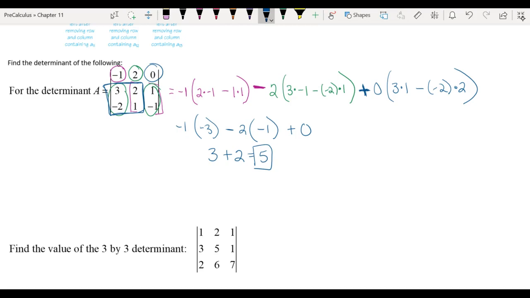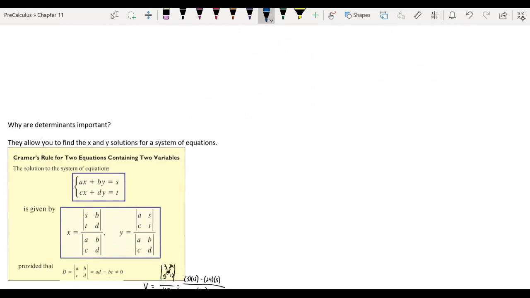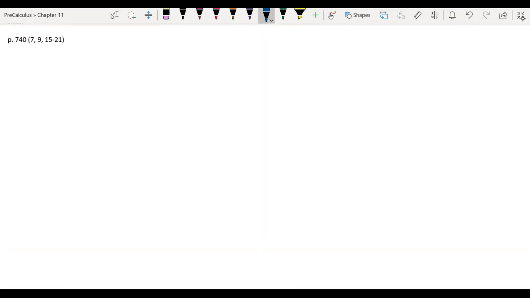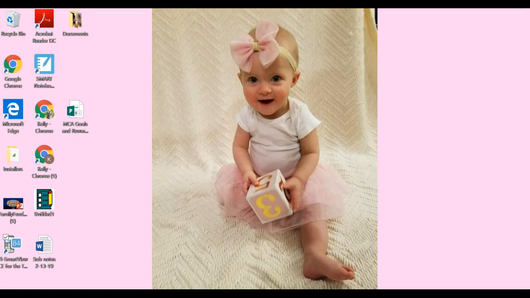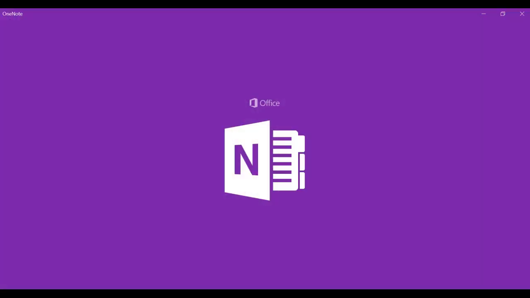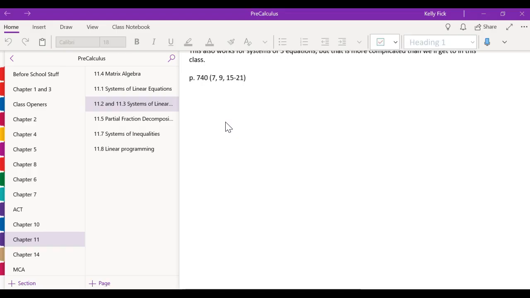Do you want to do the bottom one on your own? No? Okay. So the part that you need to add, and we're not going to talk about why it's important, but the part you need to add to your assignment is, oops. I don't know why that just shut down.